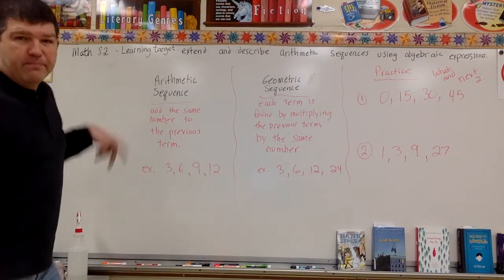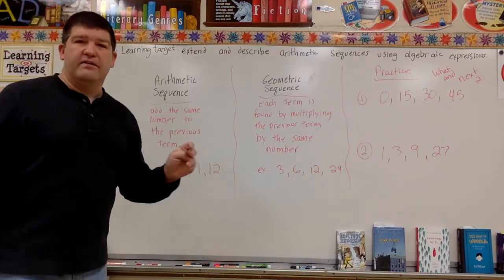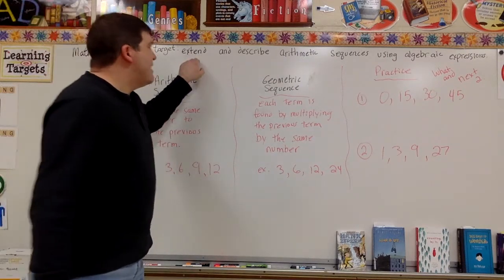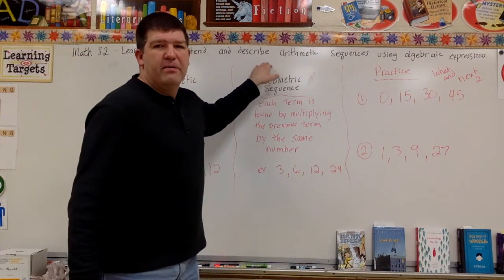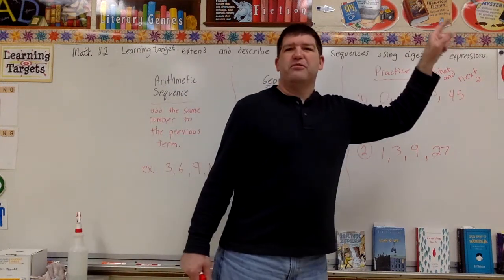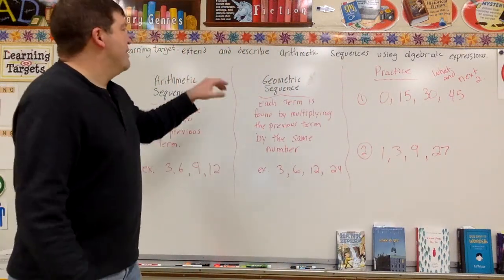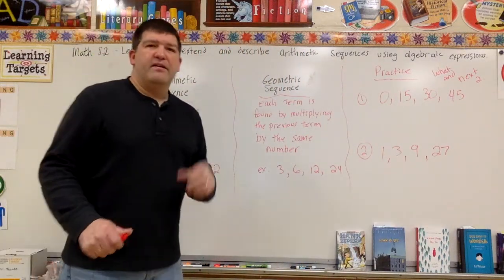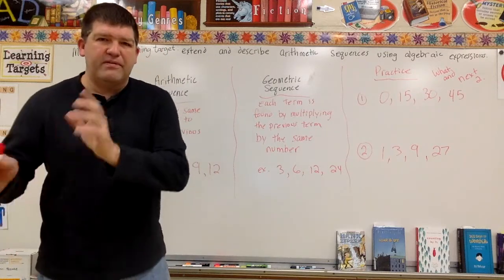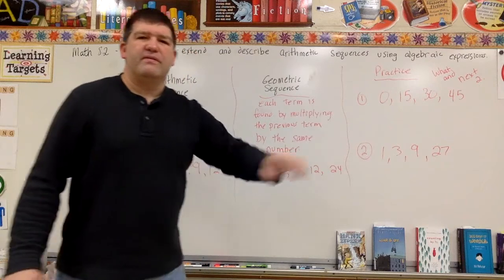Welcome to Math 8.2. This learning target is going to be extend and describe arithmetic sequence using algebraic expression. There's a lot in it. So extend means you get some inputs, let's extend it to the outputs, and see what the sequence keeps doing.